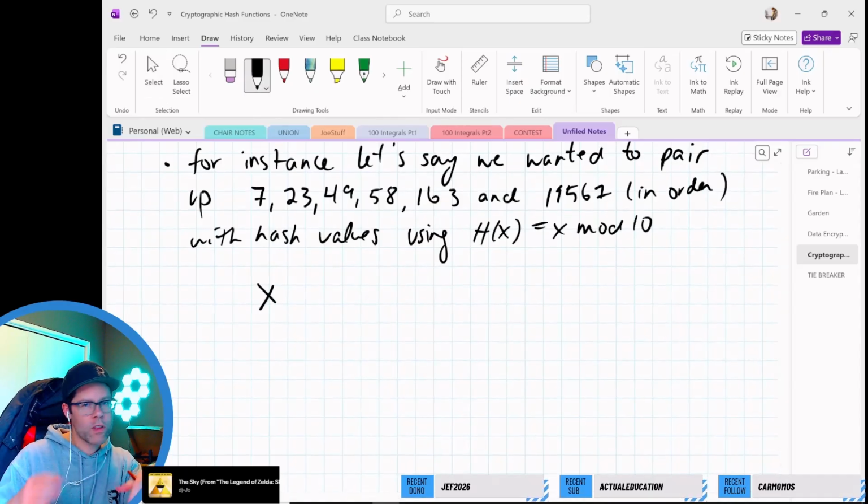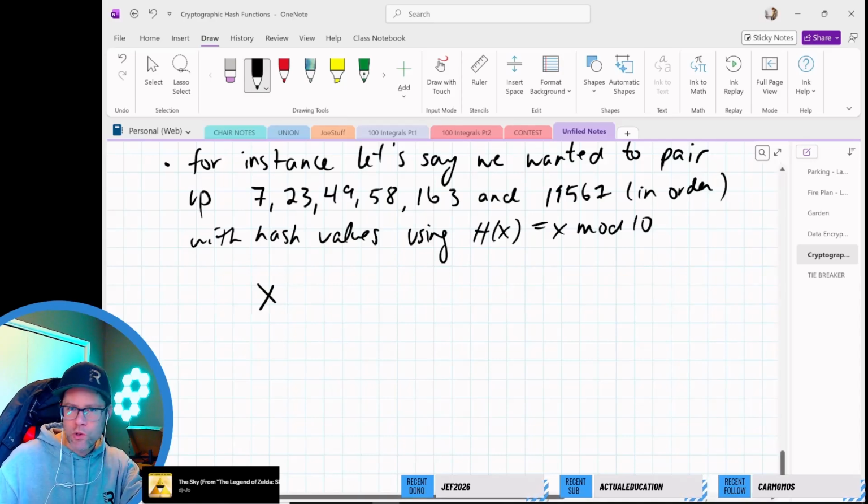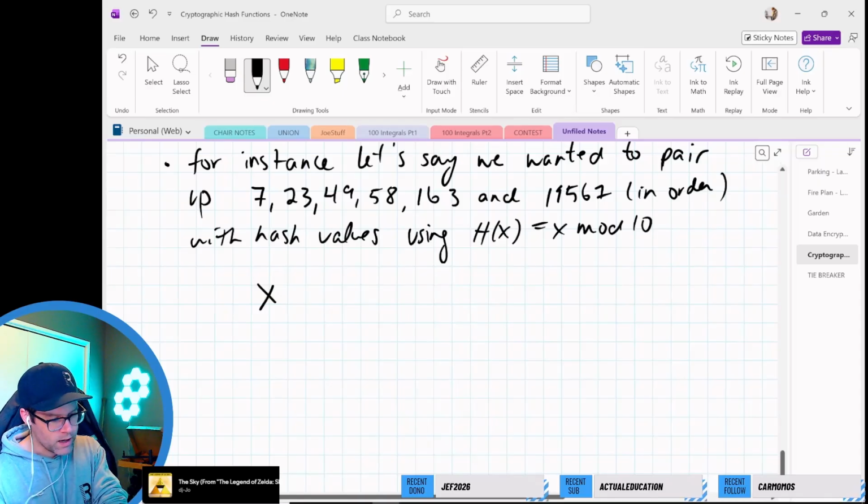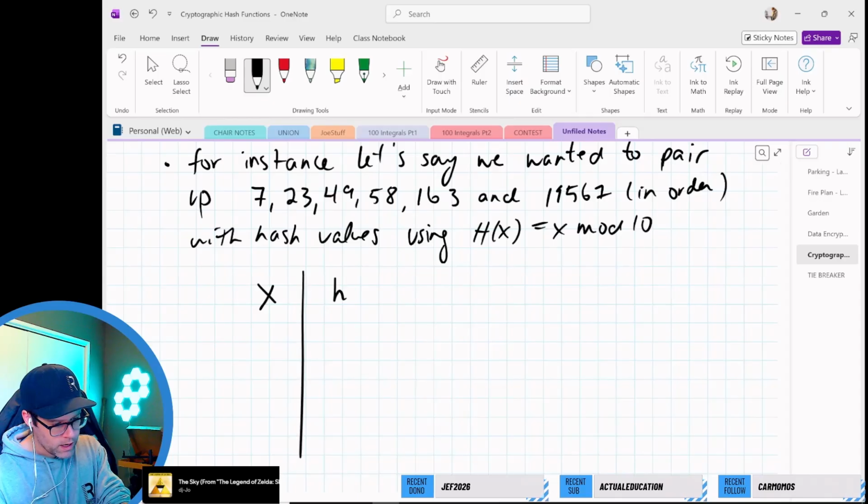Normally I wouldn't store the input X value like this. I'd store something else, like a username. But just for the sake of brevity and making this simple, let's think about the inputs and the outputs.